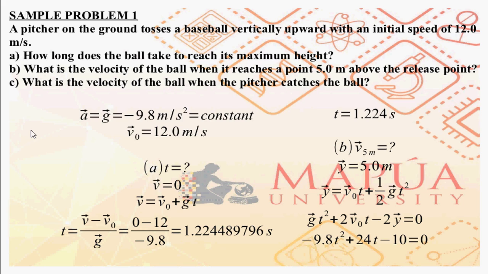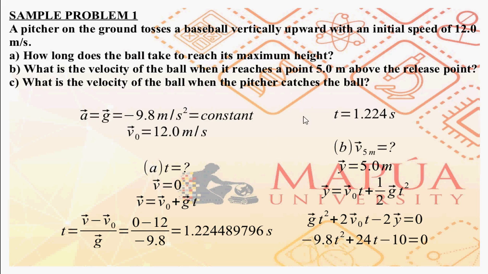Starting with letter A, how long does the ball take to reach its maximum height? So how long does it take the ball to reach a particular position? You are being asked for the time of travel, t, at maximum height. Note, the object is heading vertically upward, but the acceleration is negative.